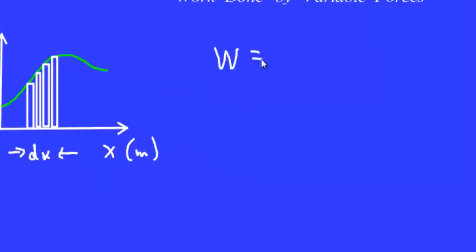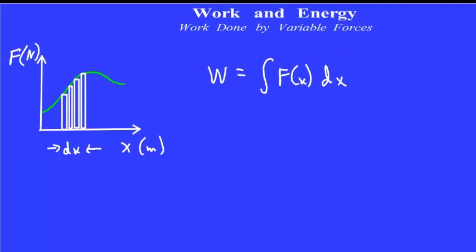And you can see that our expression for work now becomes an integral, where this is the F and this is the dx, the displacement. So for any force that's a function of displacement, you can express the work done as an integral. All right, moving along here.